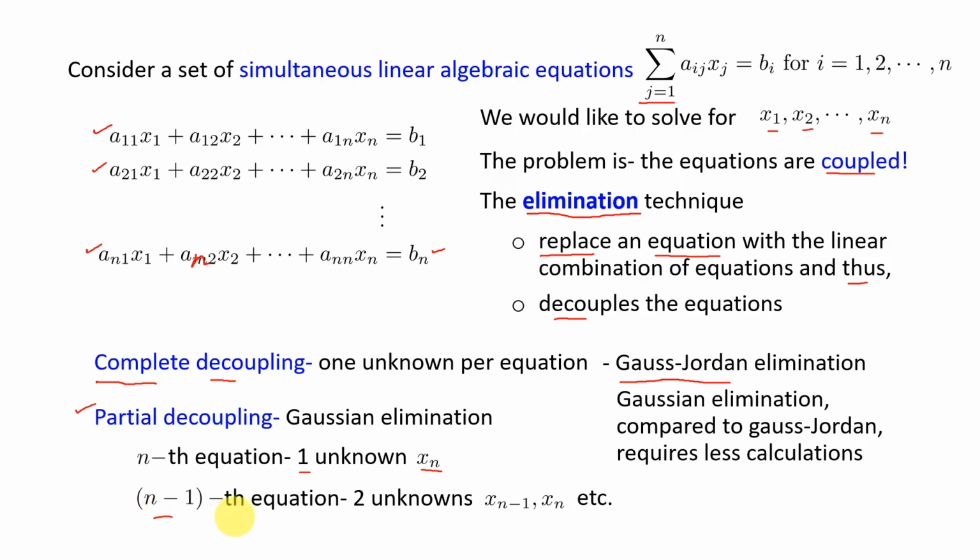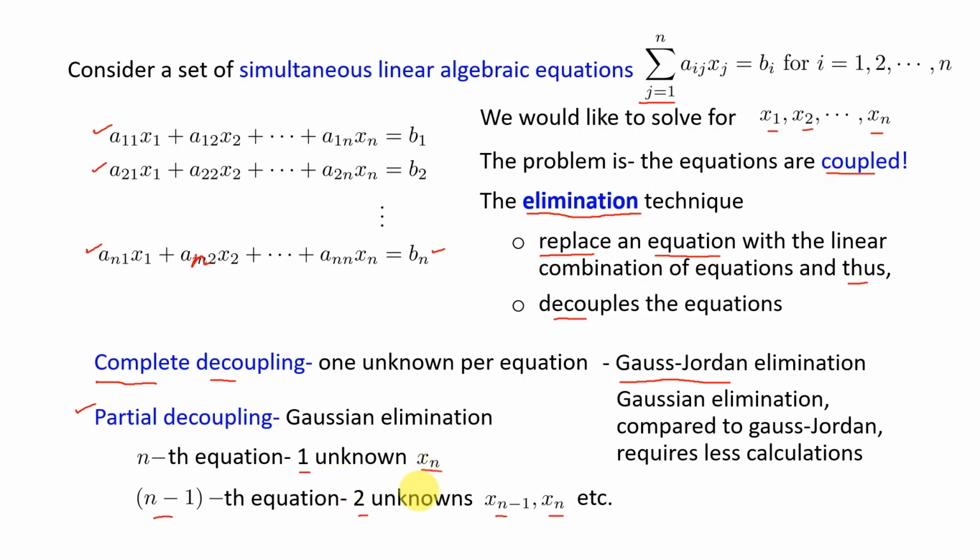The n minus 1th equation will have two unknowns, that is xn and xn minus 1, etc. And this is how we'll go. Now you see that in this form, even though the n minus 1th equation has two unknowns, before we come to the n minus 1th equation, we can solve for xn from the nth equation.